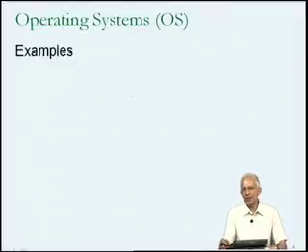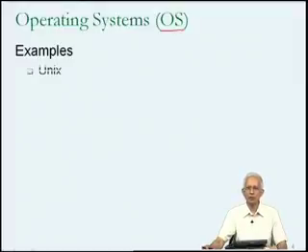So let's look a little bit at operating systems. The operating system is typically abbreviated as OS. In your experience with using computers, you will have encountered many different operating systems, or would have come across literature where many different operating systems are mentioned.